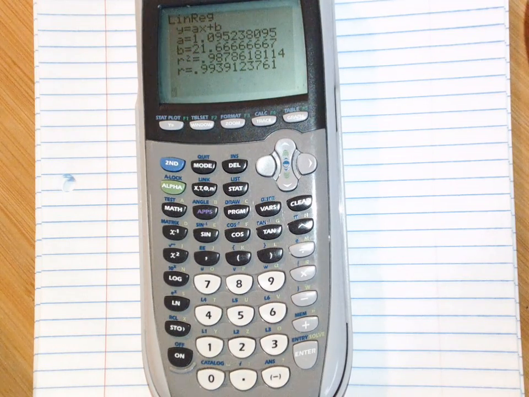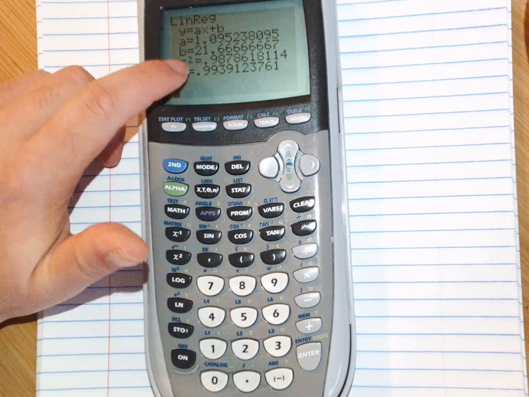So if you have an R of +1, that means your line is perfectly straight and it has a positive slope. If you have an R value of -1, that means your line is perfectly straight, it has a negative slope. So the closer to 1 the correlation coefficient is, the stronger the relationship is between your X and Y.